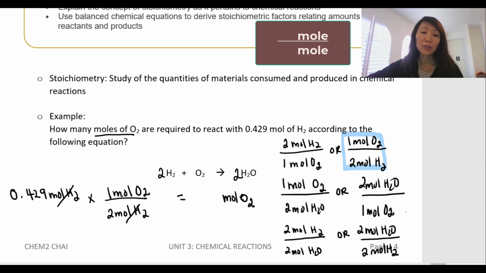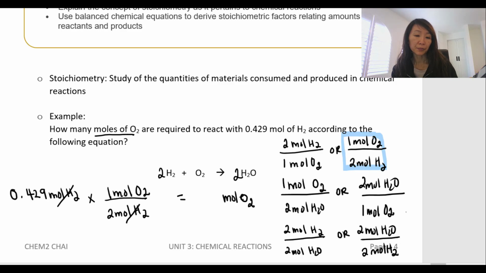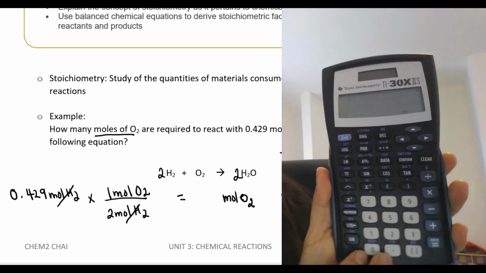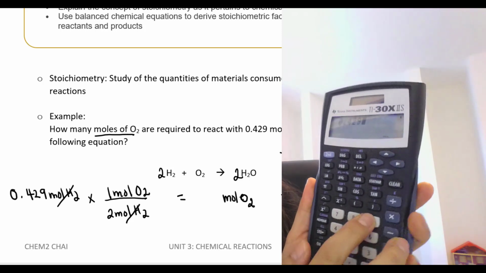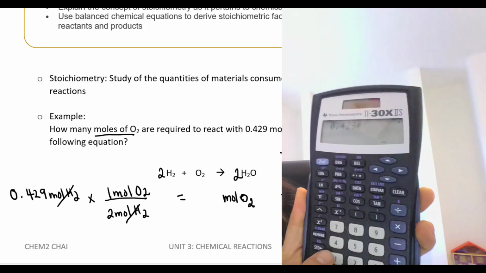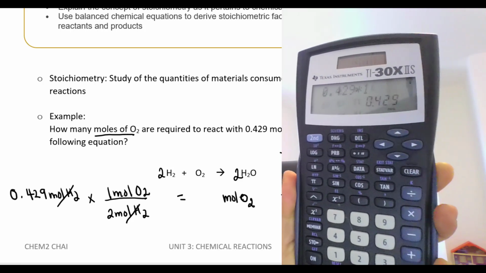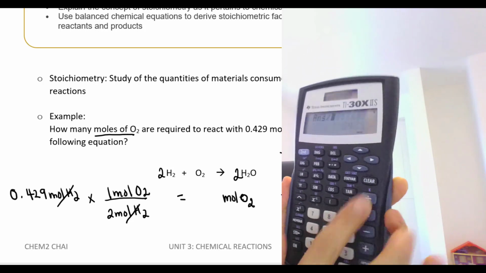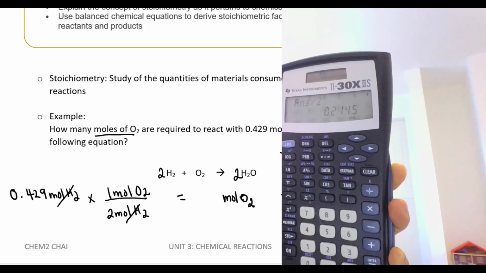So let's go ahead and do the calculation in your calculator. Take out your calculator, and probably a good time to take out your reference sheet as well. On the calculator, type 0.429, multiply that by 1, and hit enter. Then you will divide by 2, because it says 2 moles on the bottom, and hit enter.